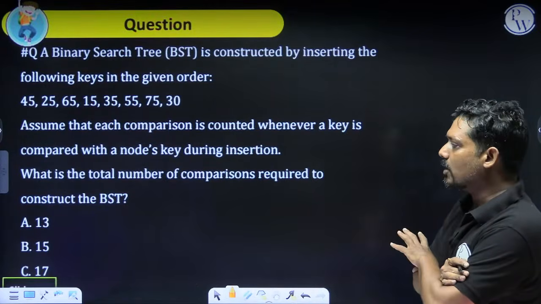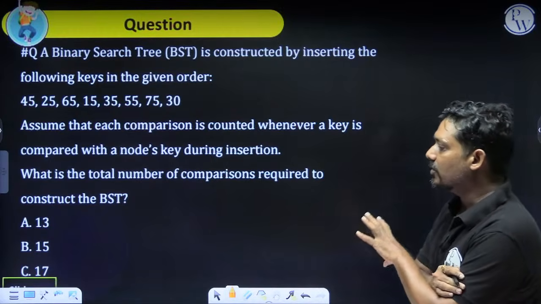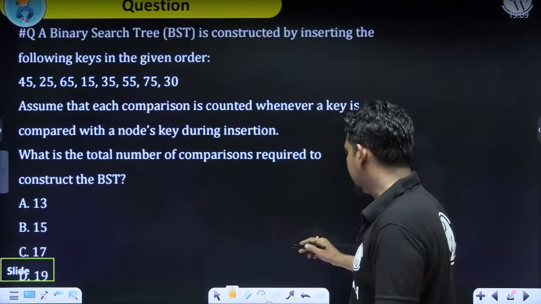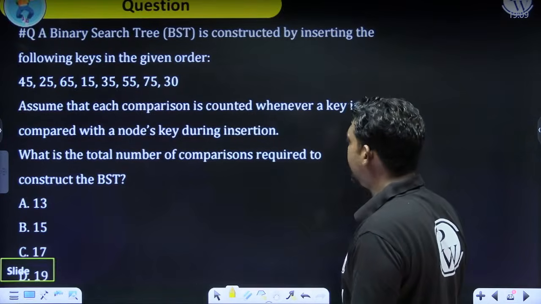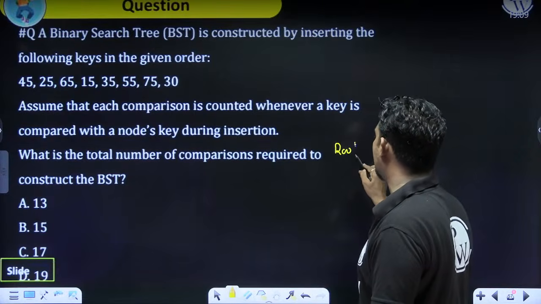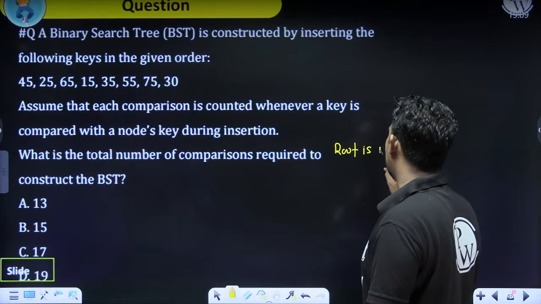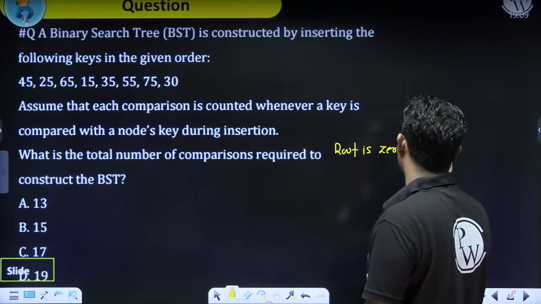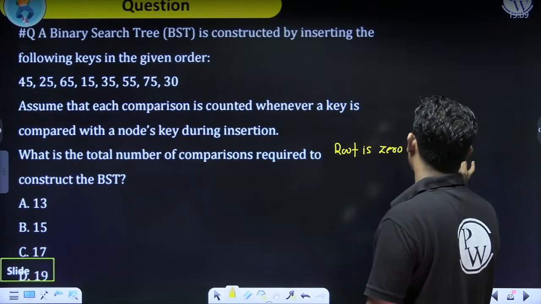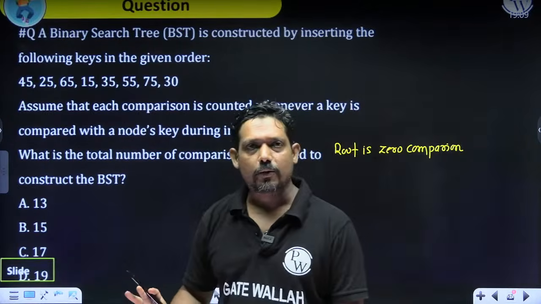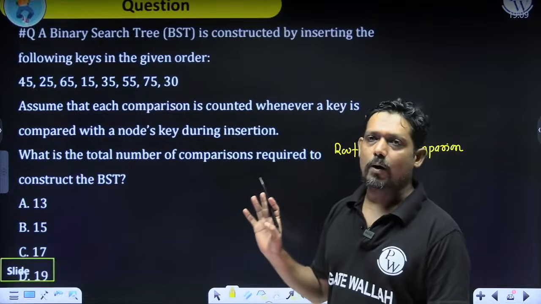What is the total number of comparisons in construction of this binary search tree? Let me add one more thing, the root is not compared, root has zero comparison. So can you tell me how many comparisons are required?